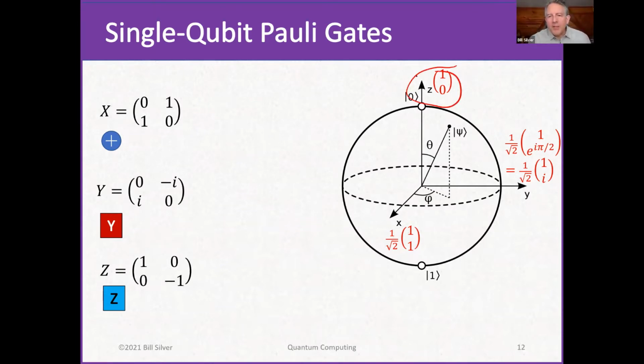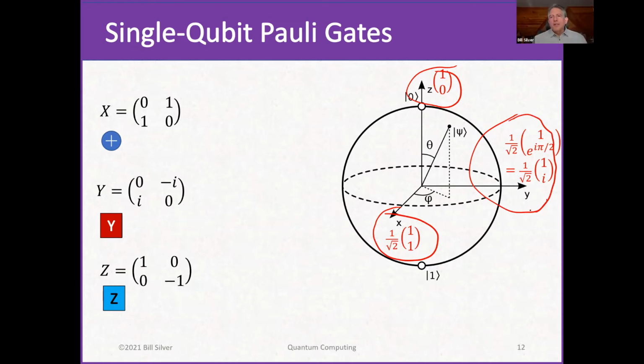The x-axis, being on the equator, is an equal superposition of 0 and 1, just like this. That's the x-axis of the Bloch sphere. And then finally, the y-axis is also an equal superposition of magnitude, but there's a phase difference. There's a 90-degree or pi over 2 phase difference that looks like this.